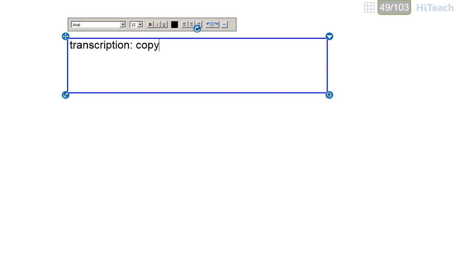Copying the information from DNA to another molecule, which is mRNA, messenger RNA.